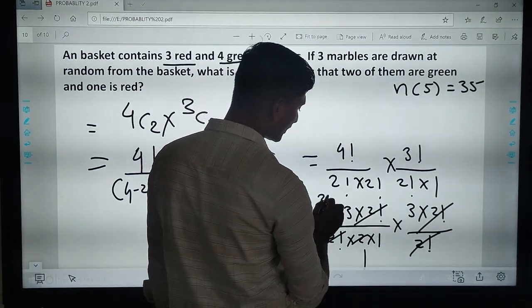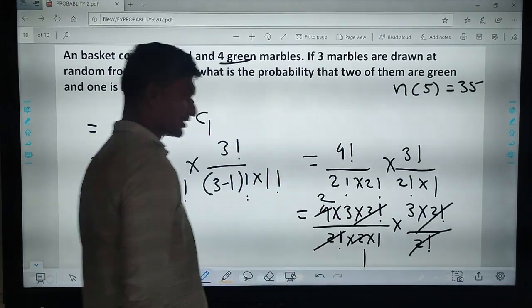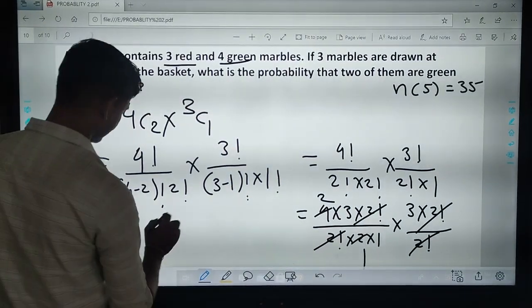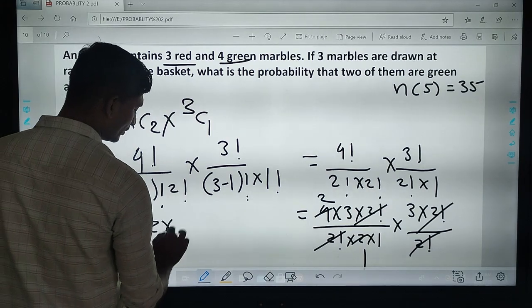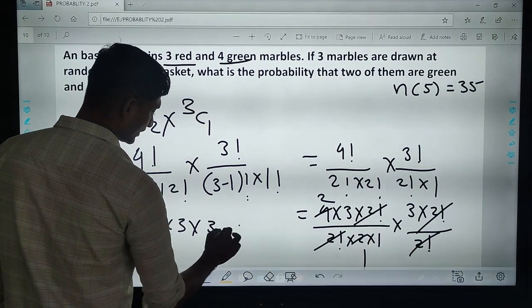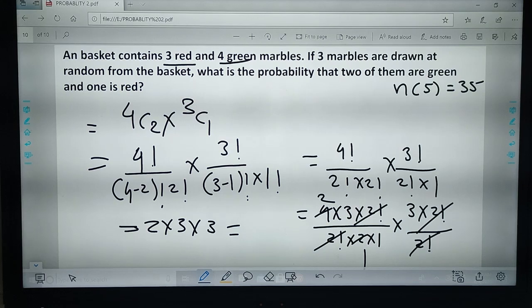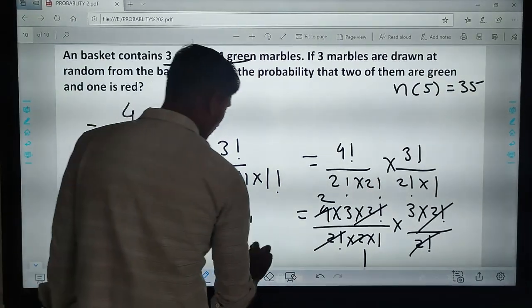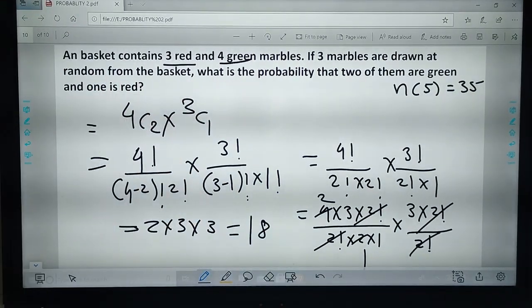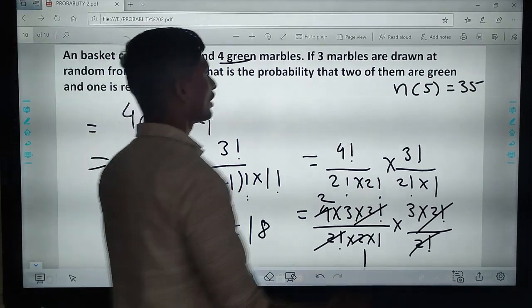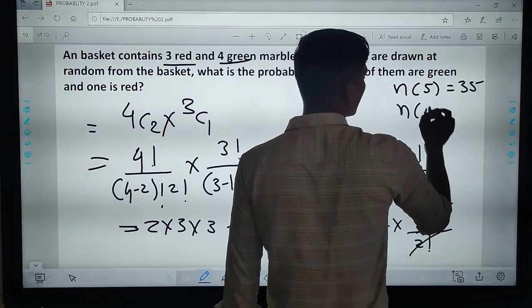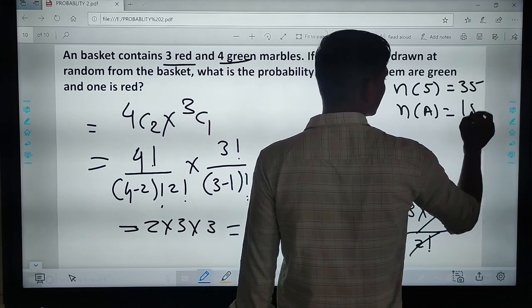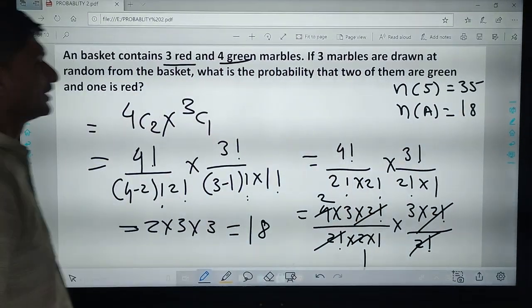Then remaining is 2 into 3 into 3. This multiplication is 3 3s are 9, 9 2s are 18. Then N of A is equal to 18.